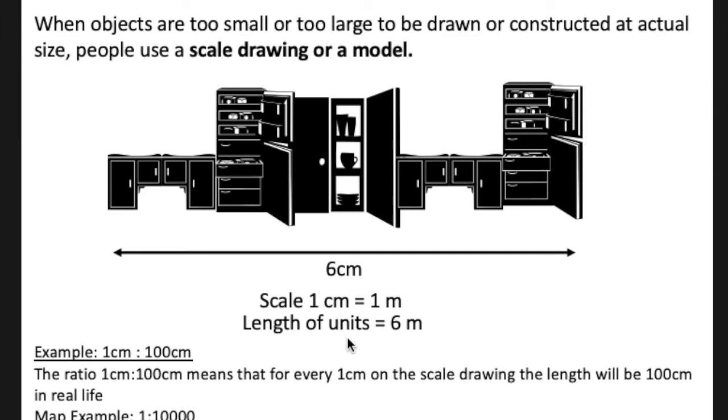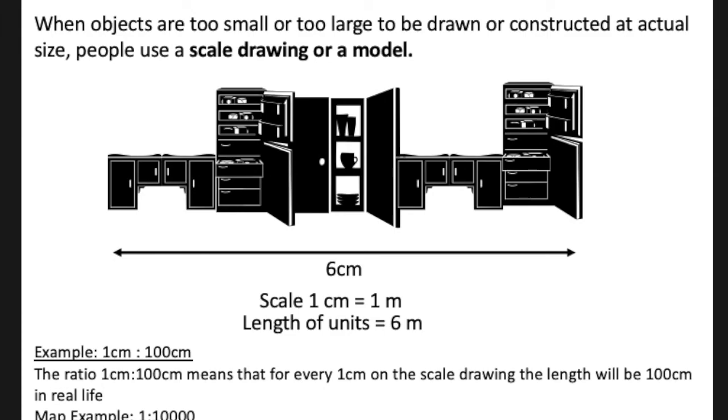And then just to say the same thing in a slightly different way, if it says the scale is 1 centimeter to 100 centimeters, that ratio means that for every 1 centimeter on the scale drawing, the length will be 100 times in real life.